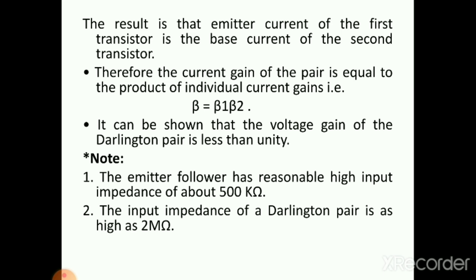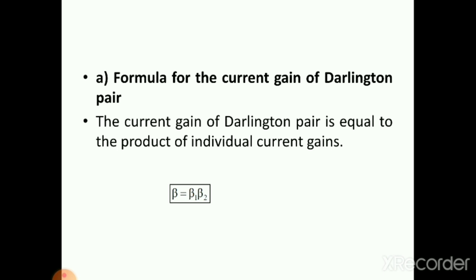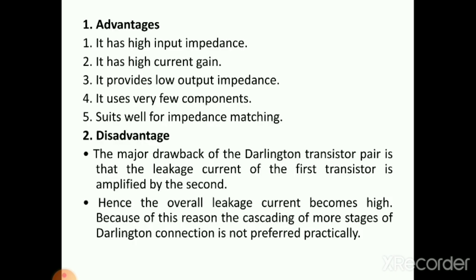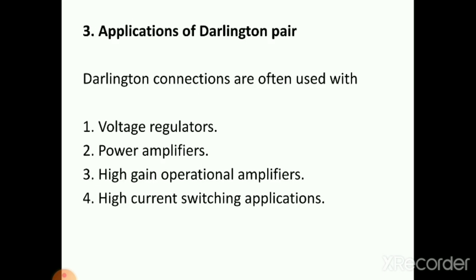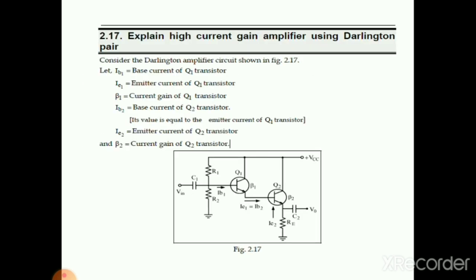For a particular emitter follower we have 500 kilo ohms of input impedance, but in the case of the Darlington pair it is increased to 2 mega ohms, and it has low output impedance, so it is excellent in impedance matching from high input to low output. So current gain is beta is equal to beta 1 beta 2. Advantages are high input impedance, high current gain, low output impedance, very few components, and impedance matching. Its disadvantage is leakage current. Applications: voltage regulators, power amplifiers, and high gain operational amplifiers.